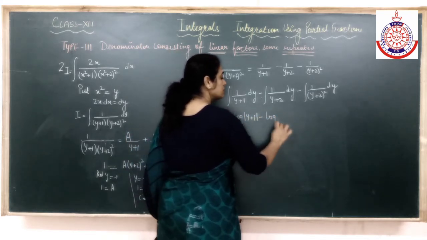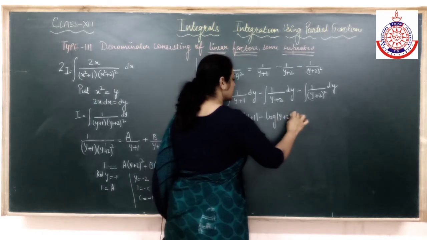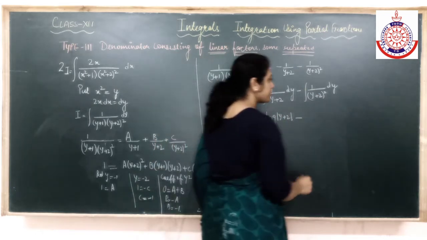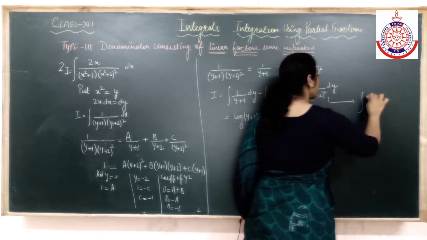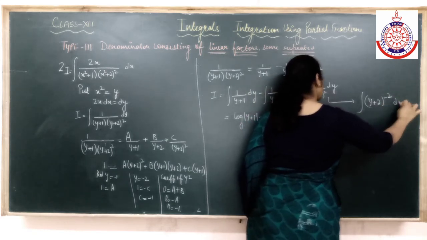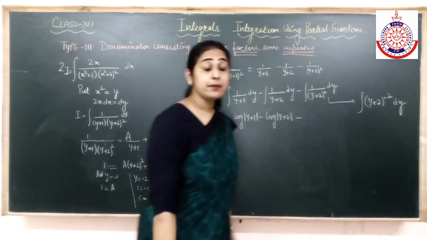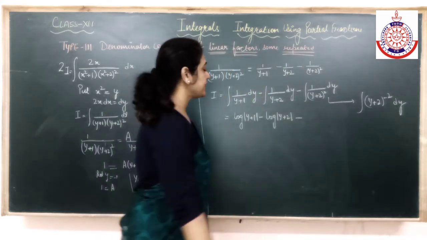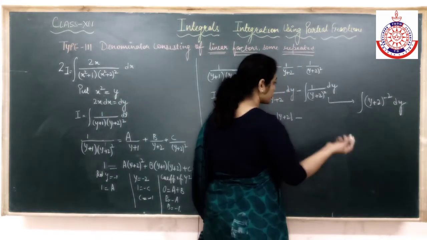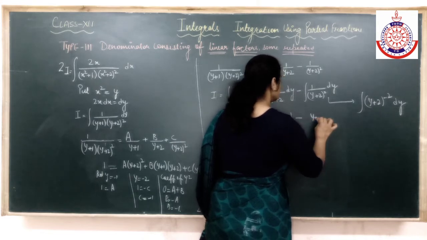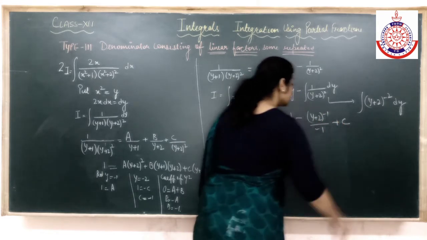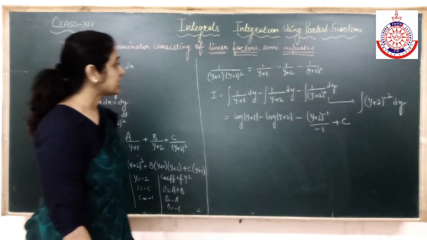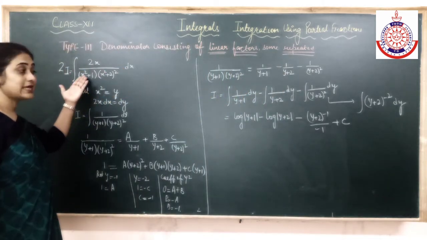This is log of (y plus 2), and how will we do this? This will go up first of all. It will go up, increase the power by 1, divided by the increased power, divided by the coefficient of y, plus c. Now see, when we started the question, the original variable was x, not y.